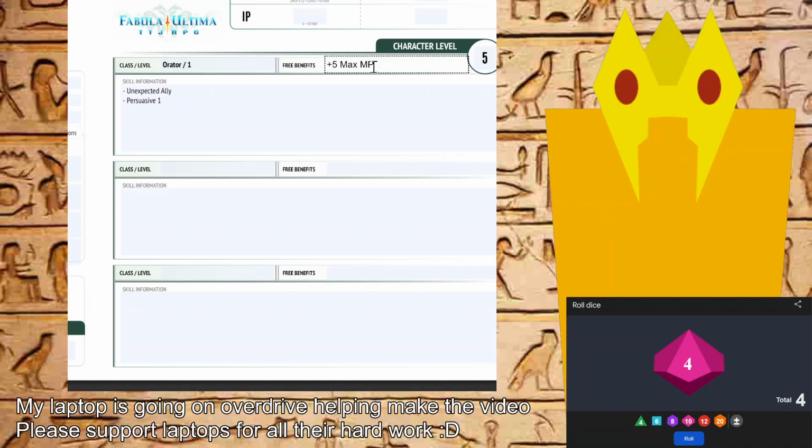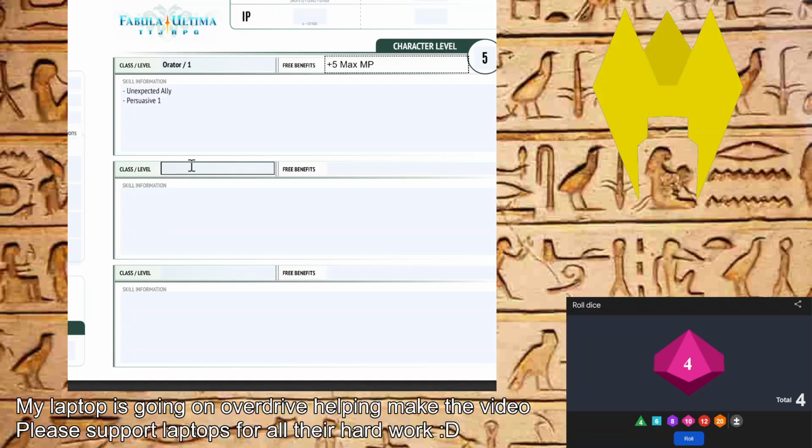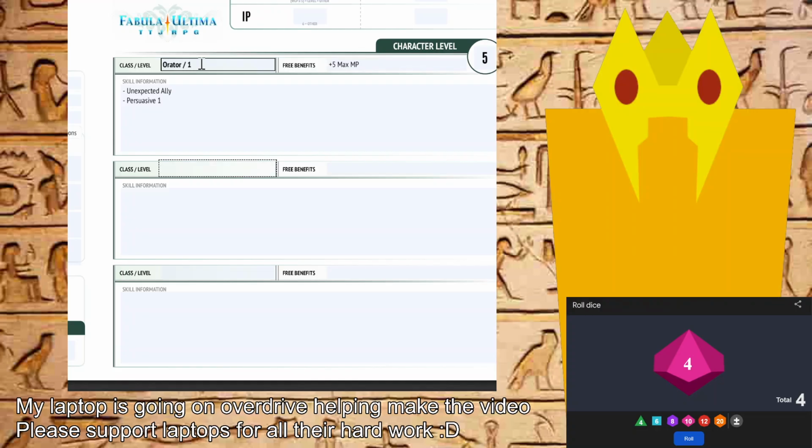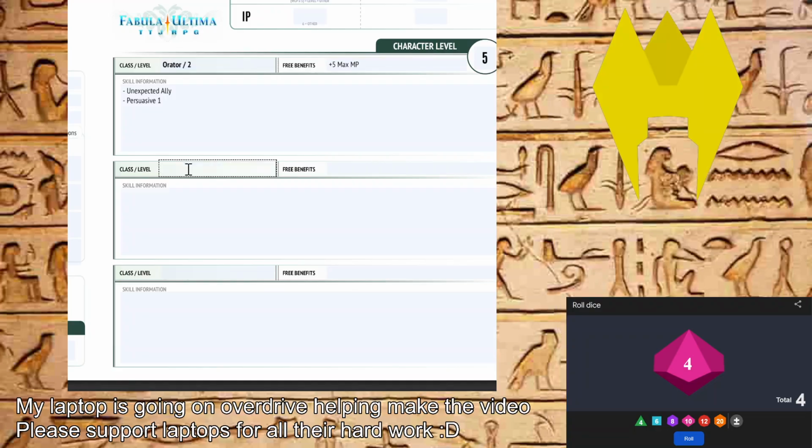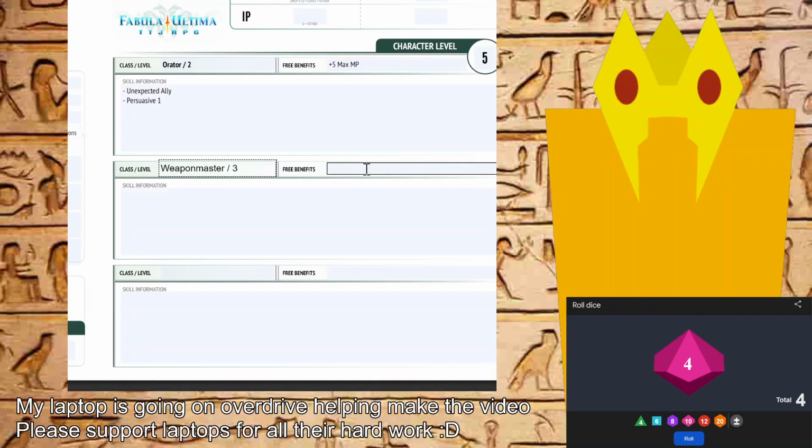Weapon Master. And we actually need to make this 2 now because we decided to get another skill in there. And of course, Weapon Master. Say we are 3 in this, and our free benefits are a +5 maximum hit points.